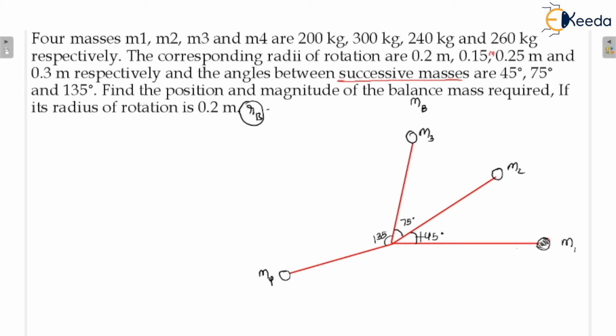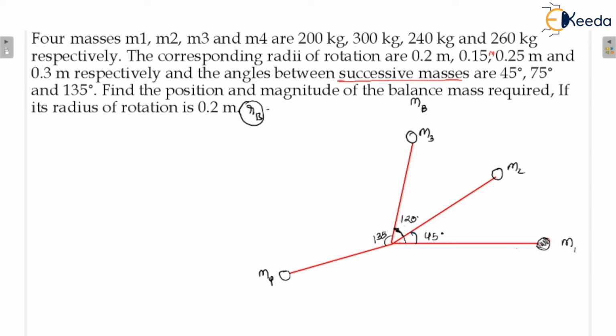That means it is 45 degree. Always consider one mass in the horizontal direction because it is considered as a reference. So the angle measured from the reference would be 75 plus 45 degree, which becomes 120. This is 120 because we measure theta from the reference plane.